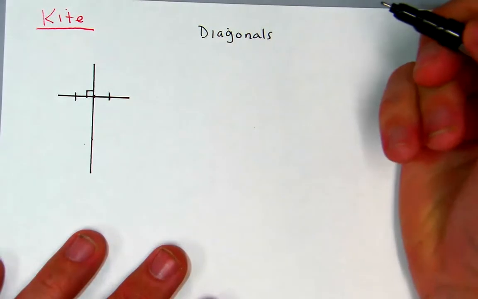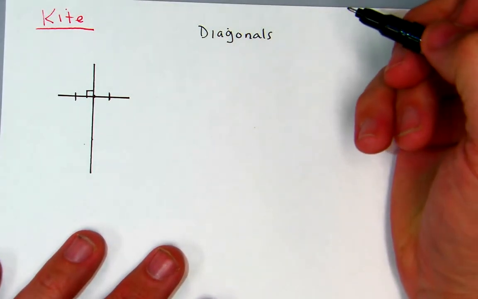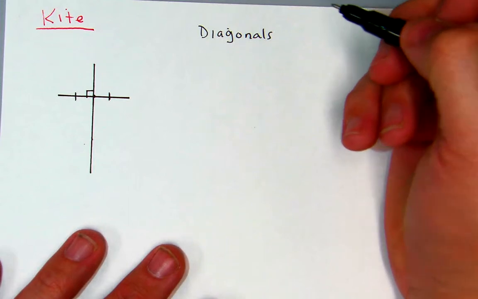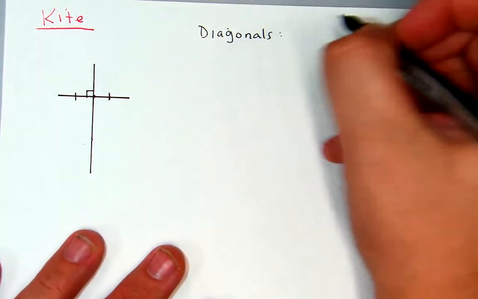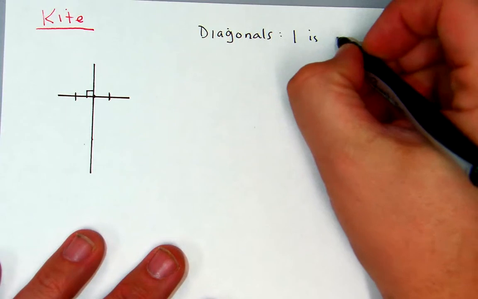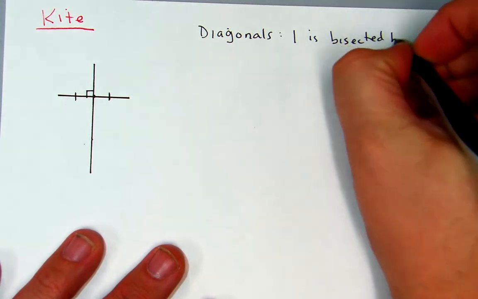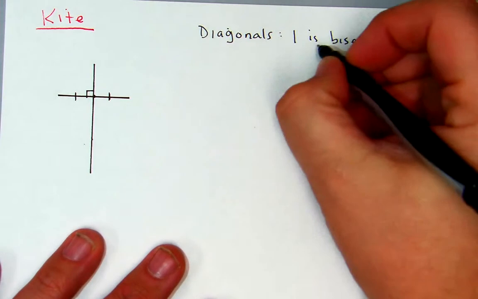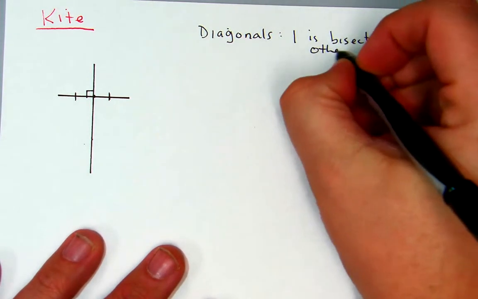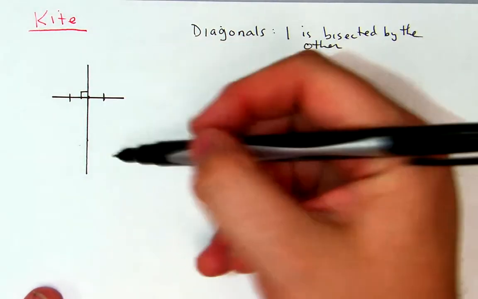For the diagonals, one is bisected by the other, and the other one is not bisected at all.